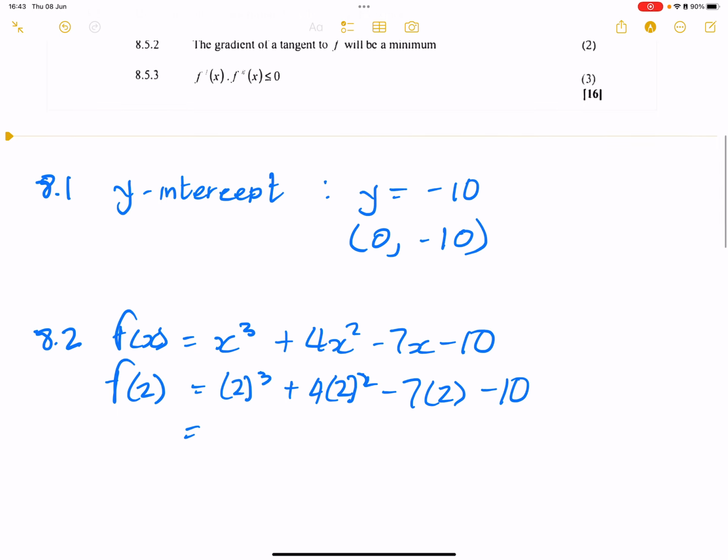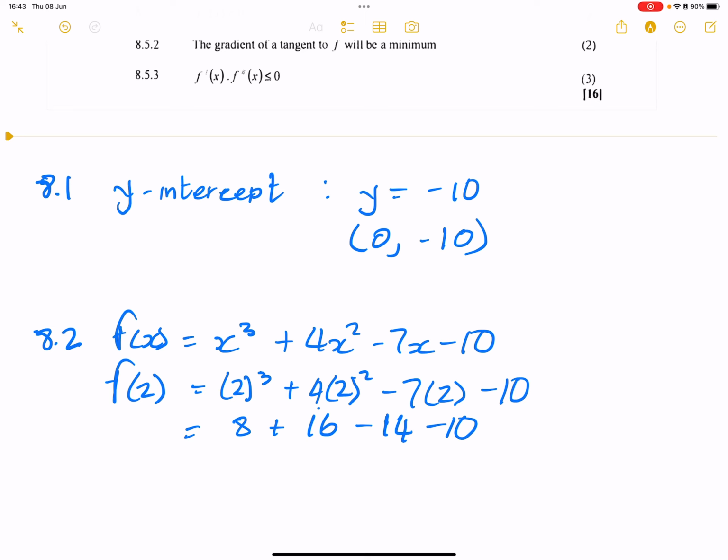That's 2 cubed, which is 8, plus 4 times 2 squared, which is 16, minus 14 minus 10.